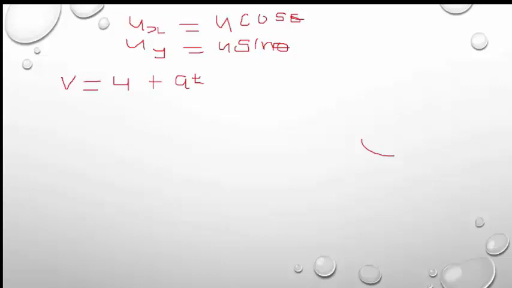This first equation is telling me my final velocity, or velocity at time t. So I can find my velocity at time t on the y-axis, velocity at time t on the x-axis.